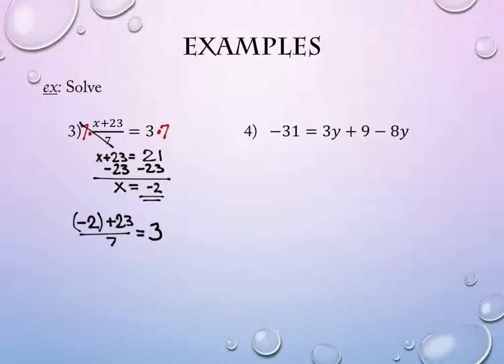What's -2 plus 23? 21, right? And what is 21 divided by 7? 3. So this checks out, right? It actually worked when I evaluated it back in.